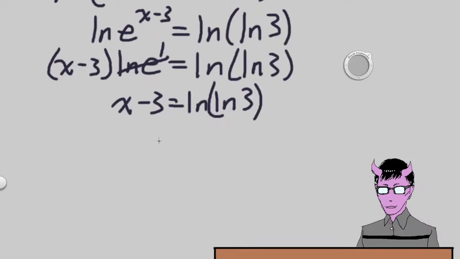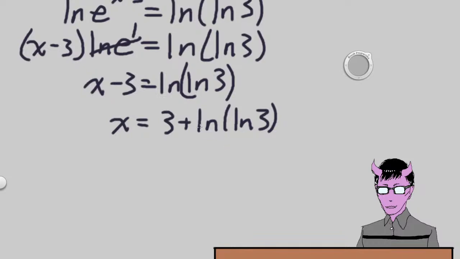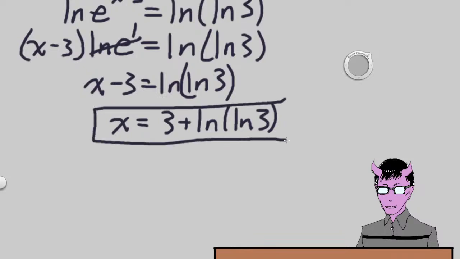Okay, we're just going to add 3 to both sides, and we'll get our answer, and we'll be done. So it becomes 3 plus the funky natural log of natural log of 3. Not the nicest looking answer, but it is an answer, and there aren't any violations that I can see. So we are done with this particular problem.